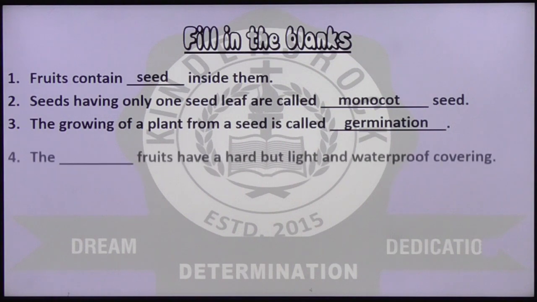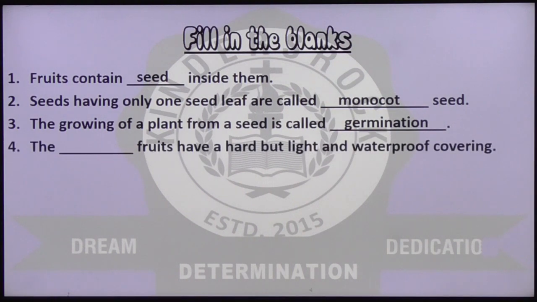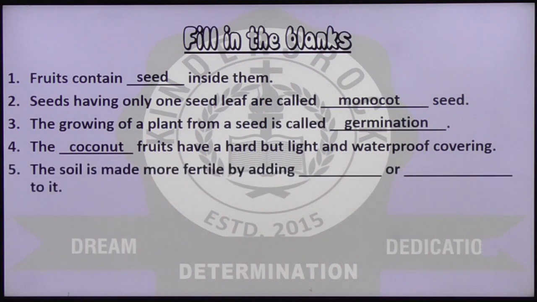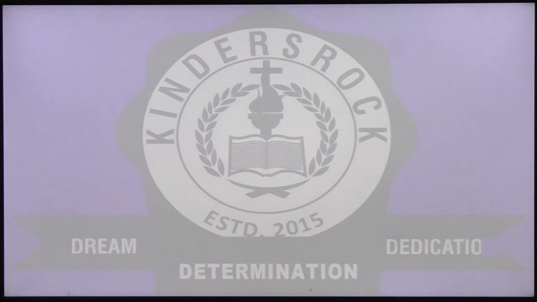Right. The fourth one, the dash fruit has a hard but light and waterproof covering, the coconut fruit. The soil is made more fertile by adding manure or dash to it. What is it? Fertilizer. Okay.